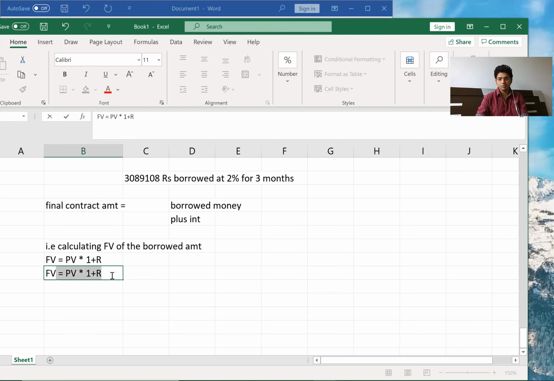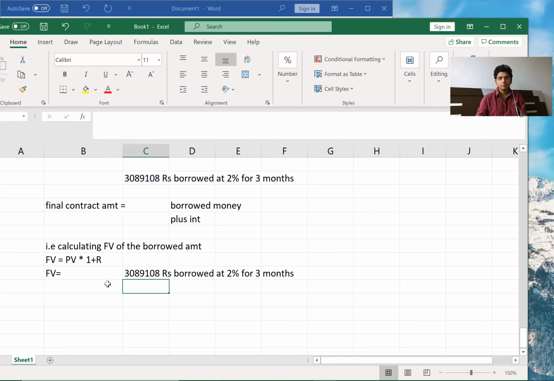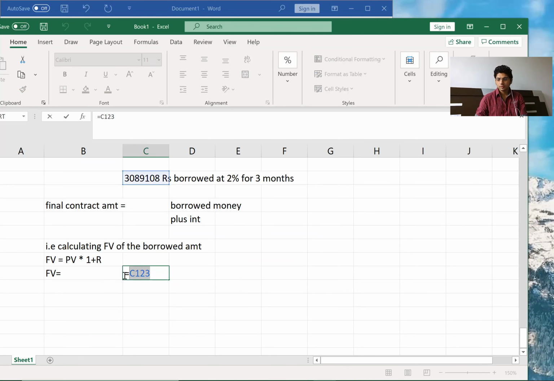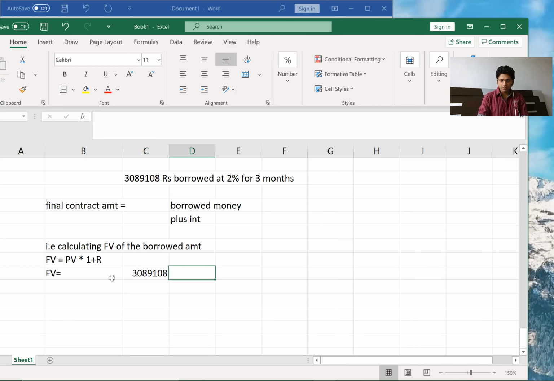So what is the present value? Present value was 3,89,108 rupees, into 1 plus r. So 1 plus r is 1.02, right?